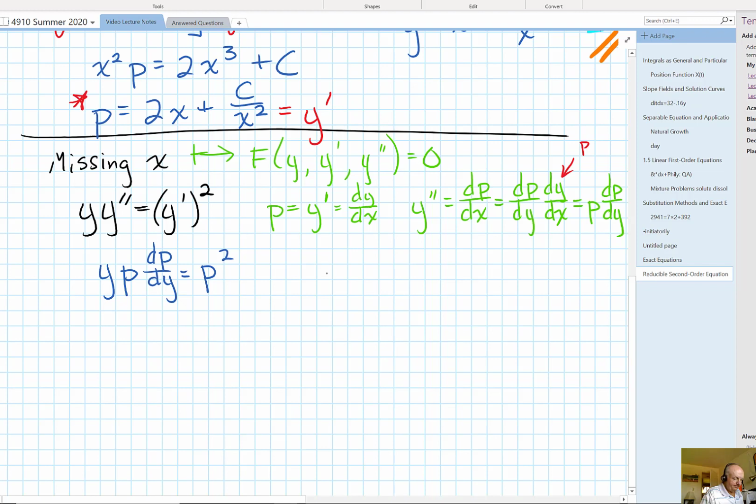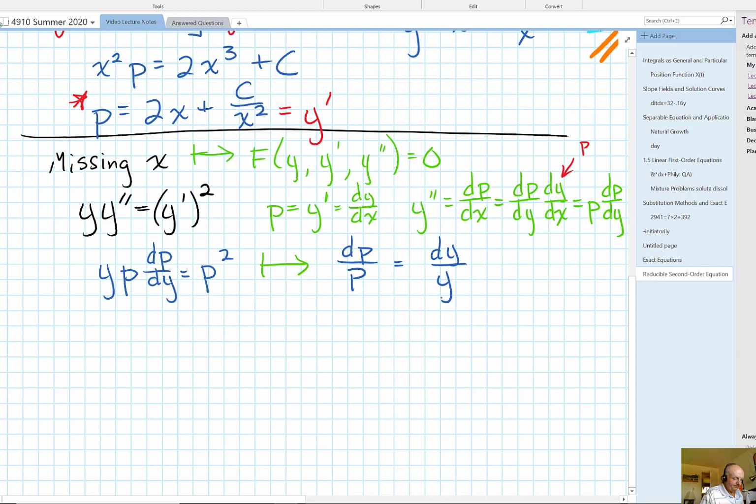Let's move all the p's to the left and all the y's to the right. Because it's reduced now to a first order equation, when we separate the variables we end up with dp over p, that's all that's left of the p's, and when we move the y's over, it's dy over y. That's it.